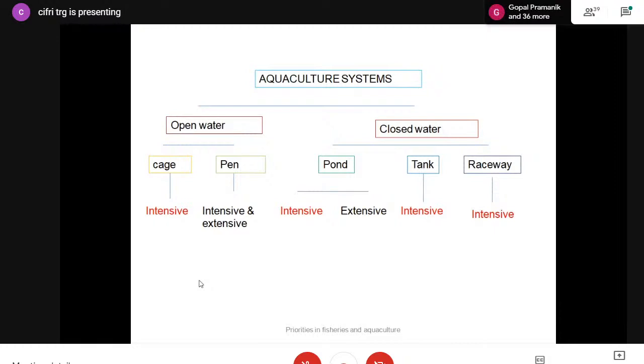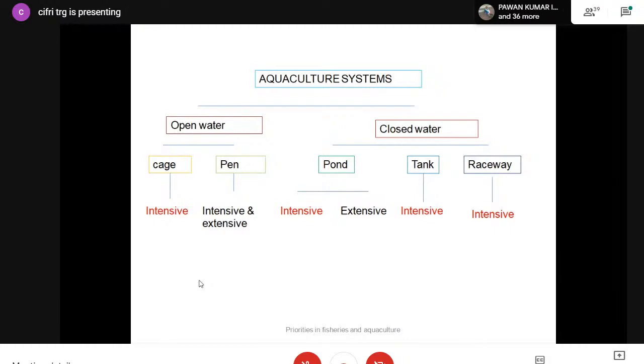Either we have to resort to cage farming or pen farming. In cage farming, generally we follow the intensive farming system with high stocking density, totally dependent on feed, and along with feed, health management. And pen, even today, is generally both intensive and extensive.